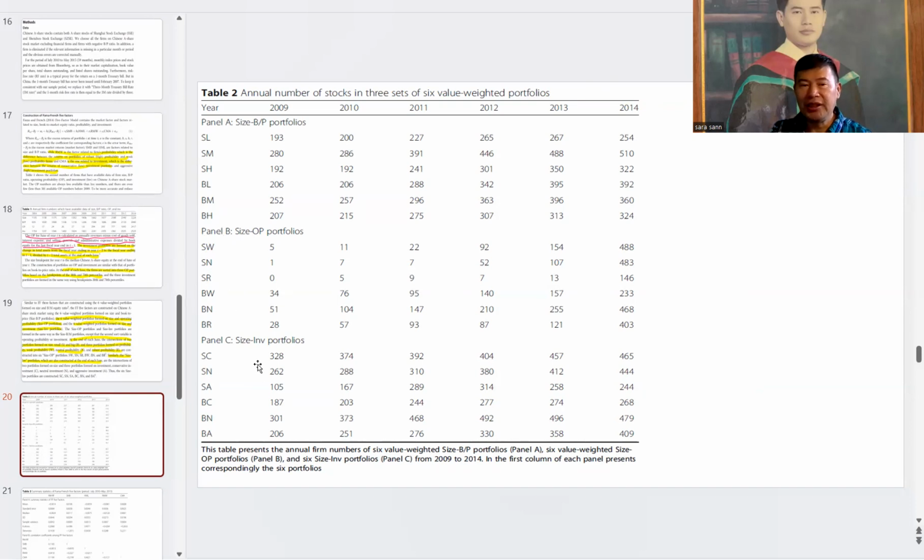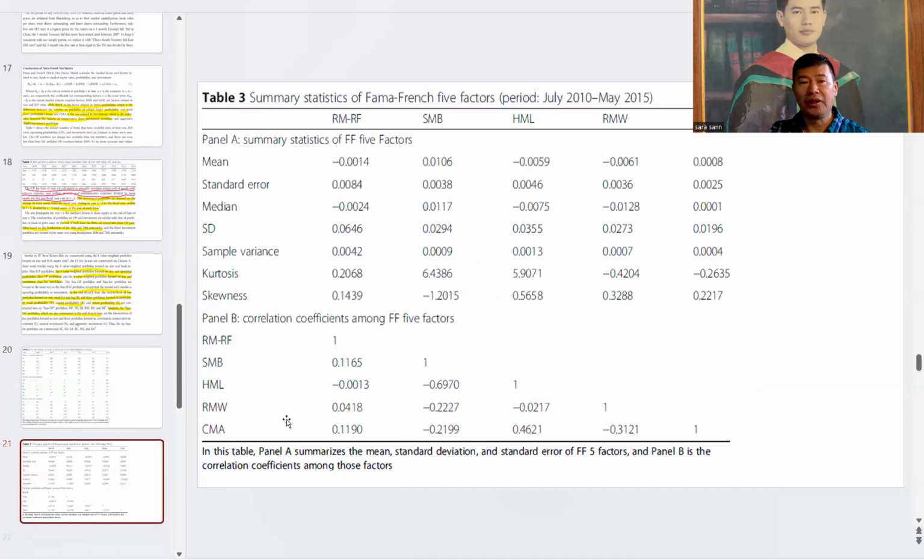And for panel C, size with return on investment: small size with low return on investment, small neutral, small aggressive, or small high return on investment, and big as well. See that? When you understand how they form a portfolio, now you can read the result.